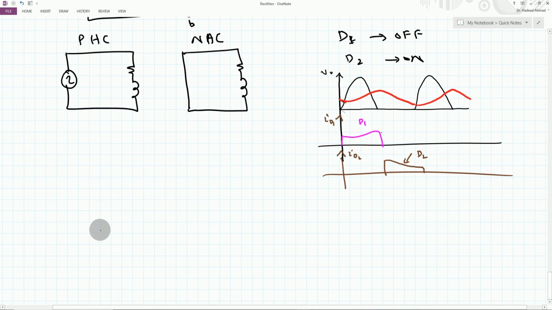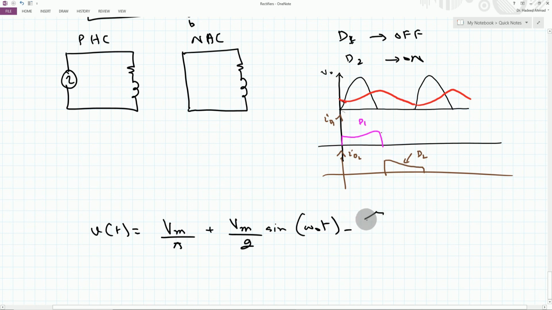So for that, a generic Fourier series is used for a rectified sine wave. This is equal to Vm over pi, plus Vm over 2 sine omega naught t, minus the sum for n equal to 2, 4, 6 to infinity of 2 Vm over (n square minus 1) pi into cosine n omega naught t.